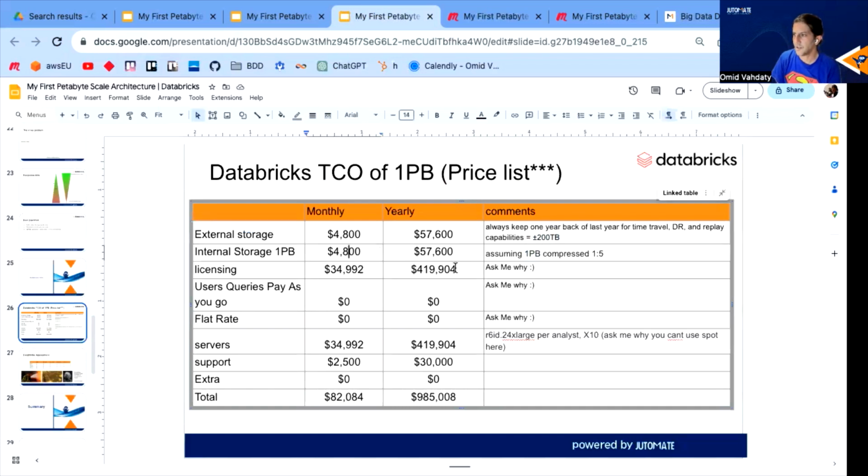Again, for the internal storage licensing, just pick this instead in the calculator, multiply it by 10, and then you'll get the DBUs pricing. Suppose you just took the same number across the board and didn't drill too much into it. In terms of servers, as I told you, I took the 1-to-1 ratio. I pretty much aligned the numbers so that the calculation would be fair to all the technologies we're going to show in this lecture.